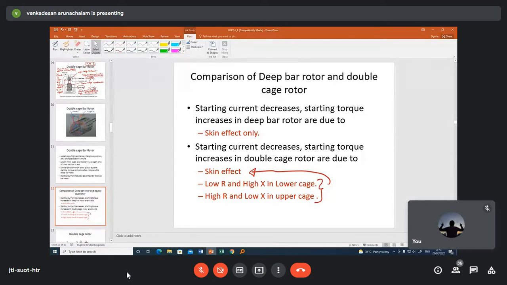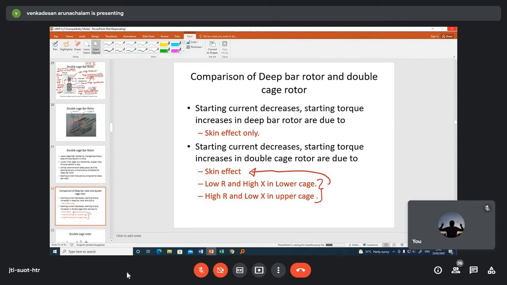On the rotor side, the slip ring induction motor has the provision to add some external resistance. If you add resistance, starting current can be decreased, and in addition, starting torque can be increased. That we understood from the torque slip characteristics, and this is possible only in a slip ring induction motor. People thought, why can't it be done in the squirrel cage induction motor?